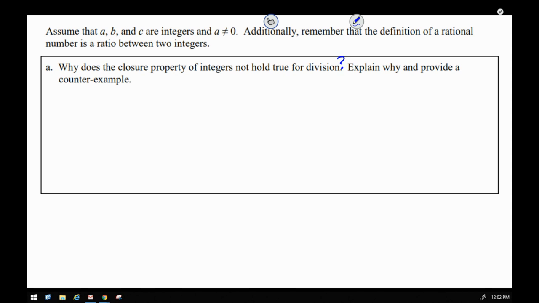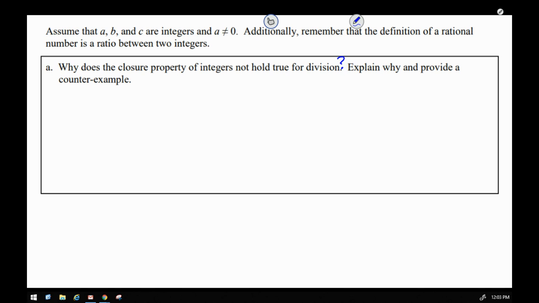Okay, so it says, why does the closure property of integers not hold true for division? Anybody have a guess there? What does it mean to be an integer, or what is an integer? Real number. Yep. So can you give me an example of an integer? -1.